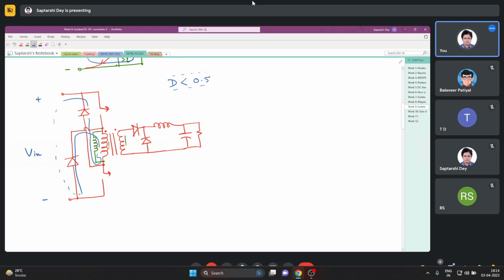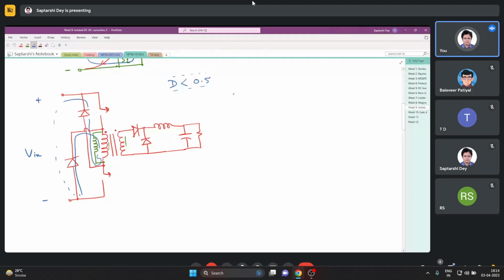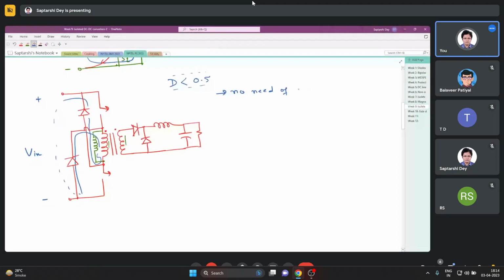But the biggest advantage that we get here is that no need of reset winding, no need of reset winding, right? And there is advantage. Any other advantage? I don't see as of now.